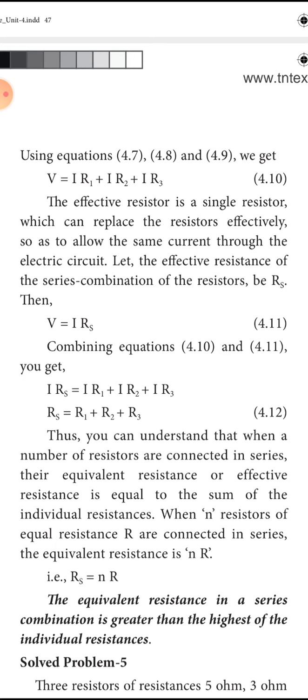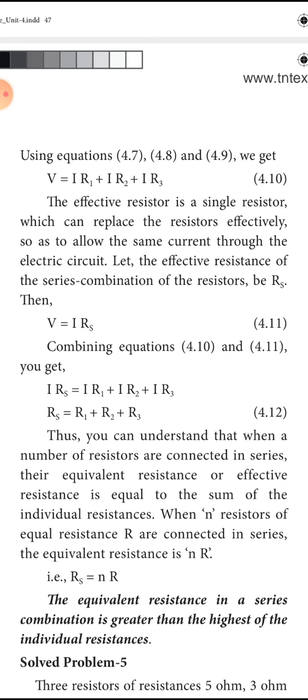So I and I cancel on both sides, and RS is equal to R1 plus R2 plus R3. In series combination, the effective resistance RS is equal to the sum of the individual resistances R1, R2 and R3. When N resistances are connected, RS is equal to N R1.